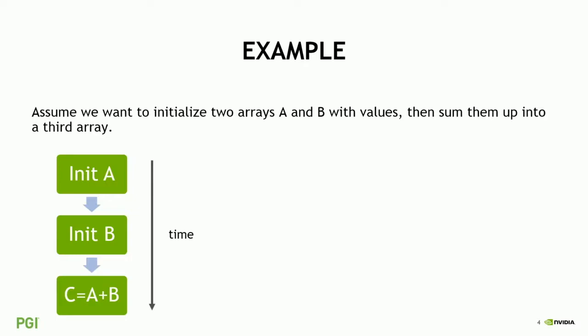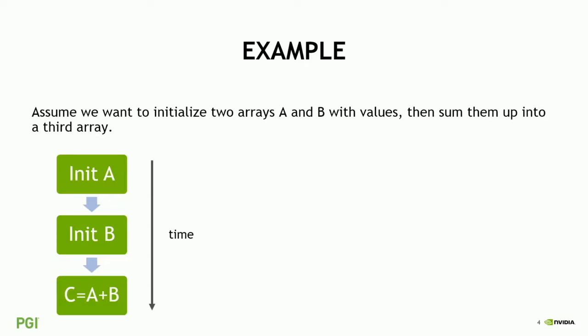When you would write this as a small example program with the directives that you have so far, this is what would happen. You would have one kernel that writes some values into A, then you launch a second kernel that writes some values into B, and then a third kernel that actually computes the sum of the two. And there might be some additional data transfers between those.